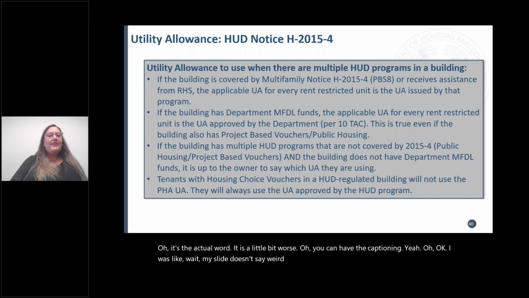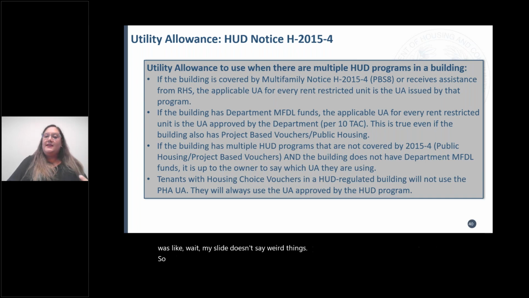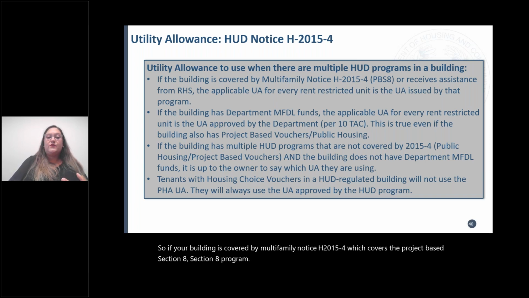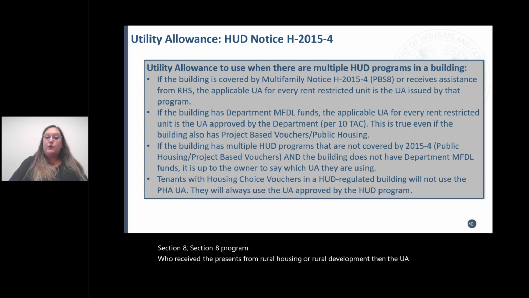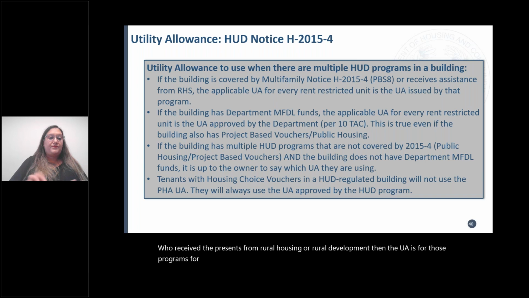So if your building is covered by multifamily notice H 2015-4, which covers the project-based Section 8 program, or receives assistance from Rural Housing or Rural Development, then the UA is for those programs for all buildings that have those programs in them.